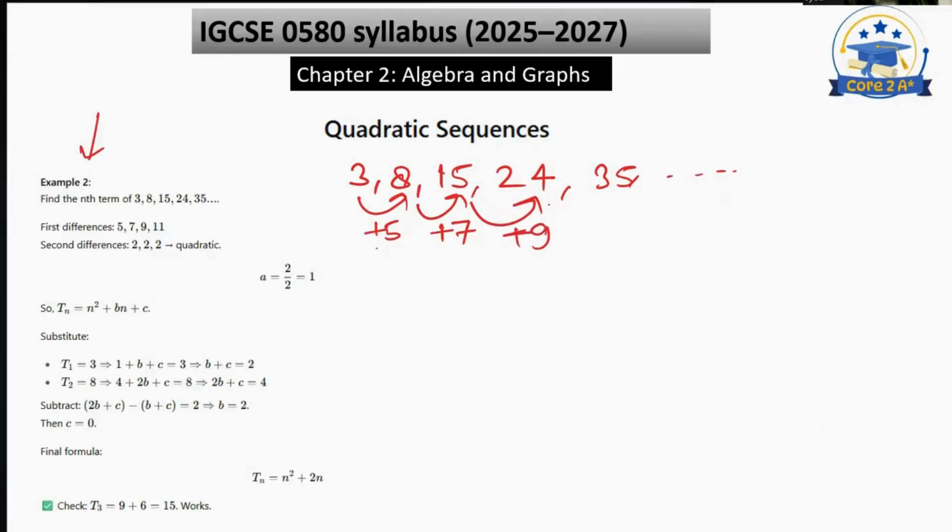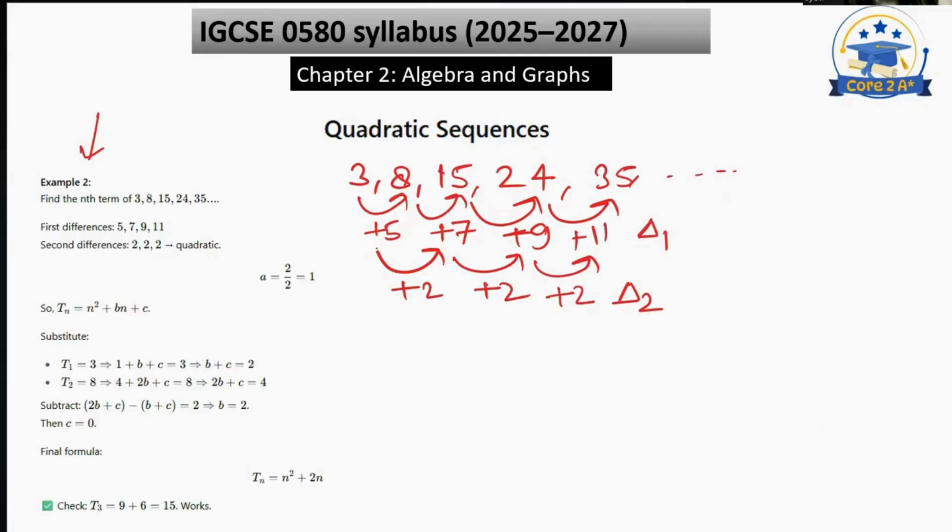Plus 9. Right? Like that. Second difference is plus 2. Plus 2. Again, plus 2. You may assume the second difference is delta 2 and the first difference is delta 1. Right? Okay. Are you getting it so far?